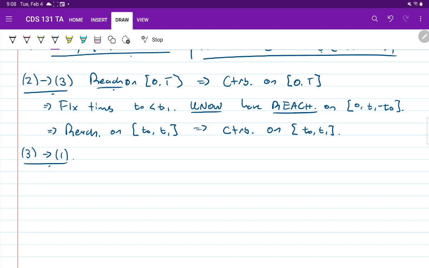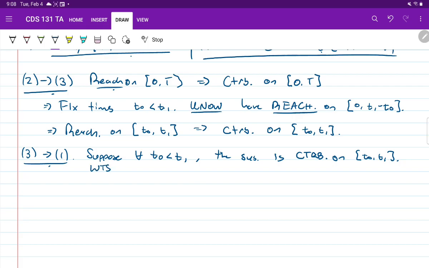Now we're going to assume that the system is controllable, and we want to show that its Gramian is positive definite. So suppose for all times t0 less than t1, the system is controllable on the interval [t0, t1].